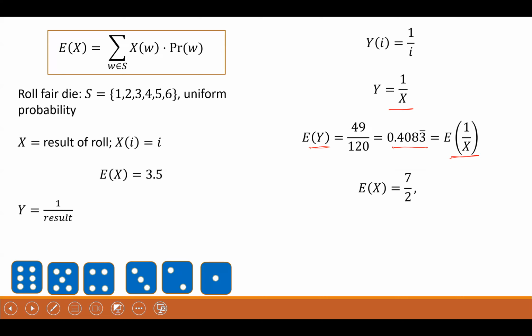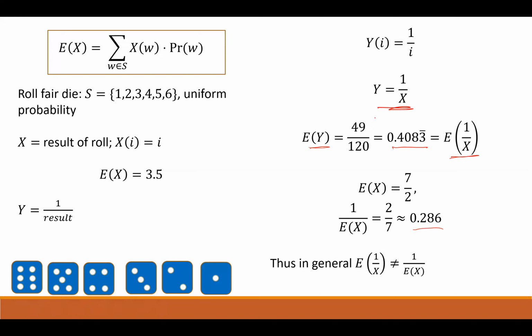The expected value of x is equal to 7/2, or 3.5. 1 over the expected value of x is 2 over 7, which is 0.286. So in general, even if y is equal to 1 over x, it's not the case that the expected value of 1 over x is equal to 1 over the expected value. Expected value has a lot of neat properties. This just happens to not be one of them.